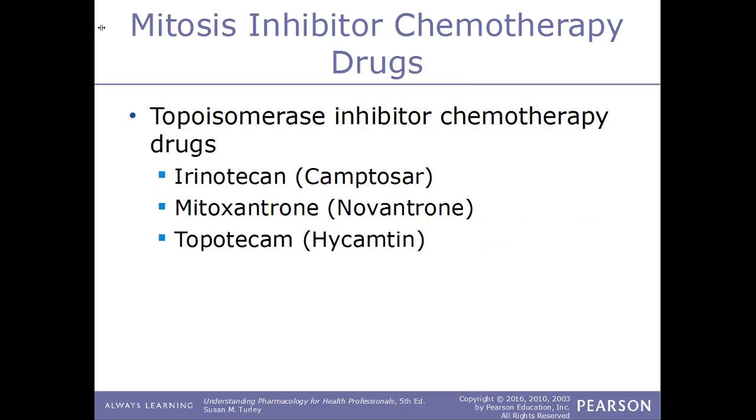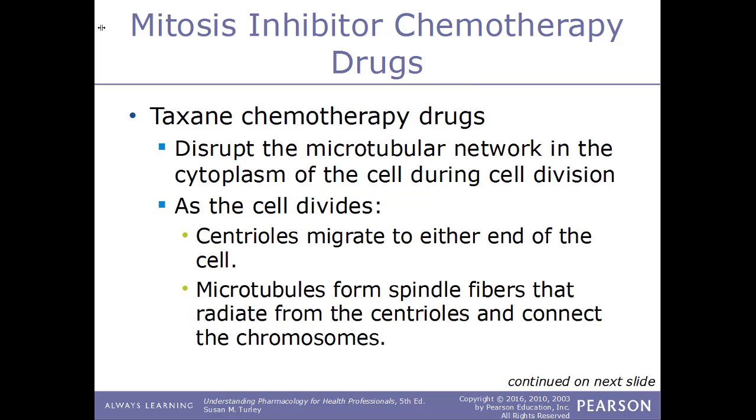Some examples of a topoisomerase inhibitor would include irinotecan, known by its trade name Camptosar, mitoxantrone, known by its trade name Novantrone, and topotecan, known by its trade name Hycamtin. Another type of mitosis inhibitors are the taxane chemotherapy drugs. And these work because they disrupt the microtubular network in the cytoplasm during cell division.